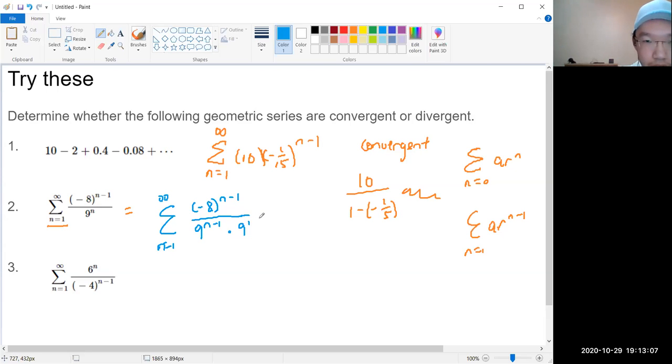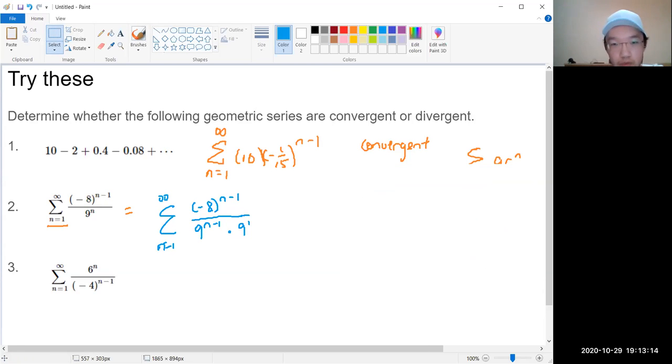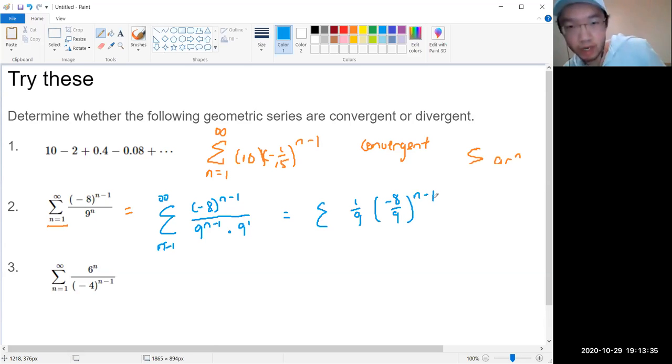Yes. So therefore, we can write it as 1 over 9, right? I just bring the 9 to the first power in the front. And then this is -8 over 9 to the power of n minus 1. Let me know if you want me to write the middle steps.